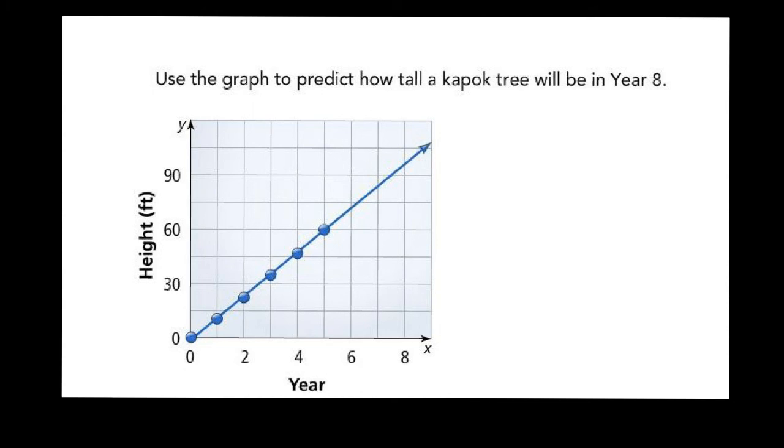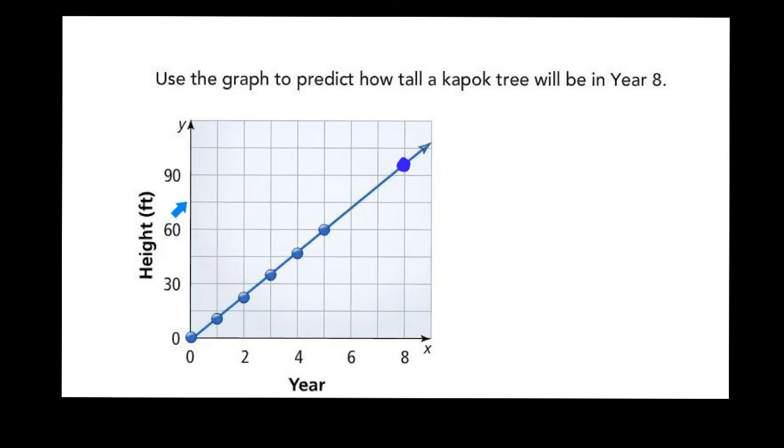Okay, so what I did was I thought, all right, well, here's year 8, and this is the height. So I go up and I hit where the graph intersects year 8, right about here. I'm going to go ahead and say that that is, let's see, 60 to 90, 30 to 60.